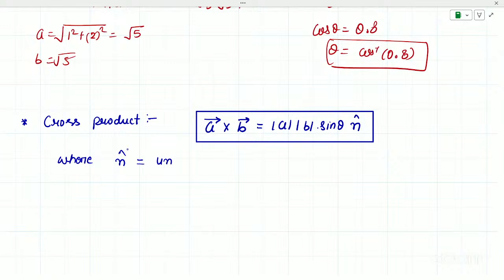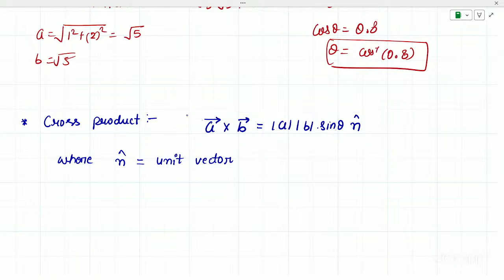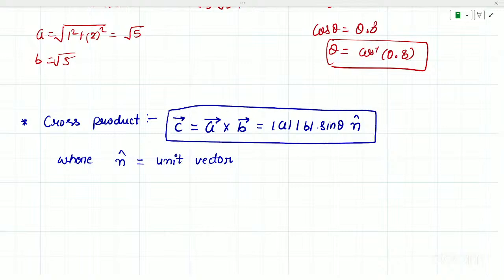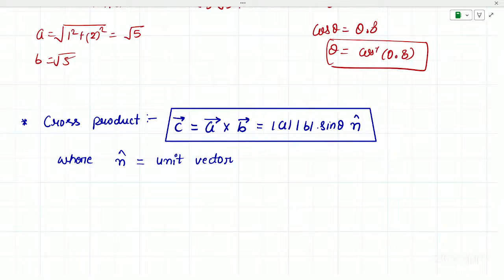Since there is a cap, it is a unit vector, but in which direction? Because cross product is a vector product, the resultant of it will give you a vector quantity. So along which this quantity is pointing out, we can say this is a C vector, which is equivalent to A vector cross B vector. Now, what is the direction of this C vector?